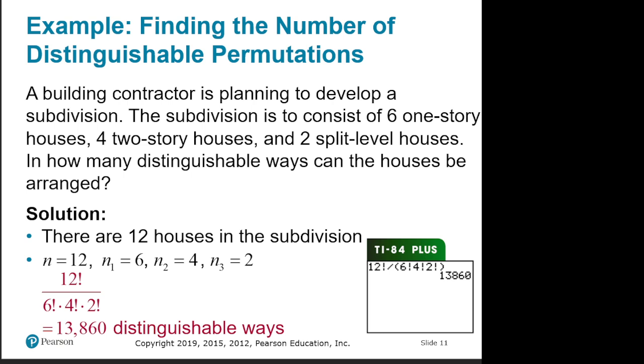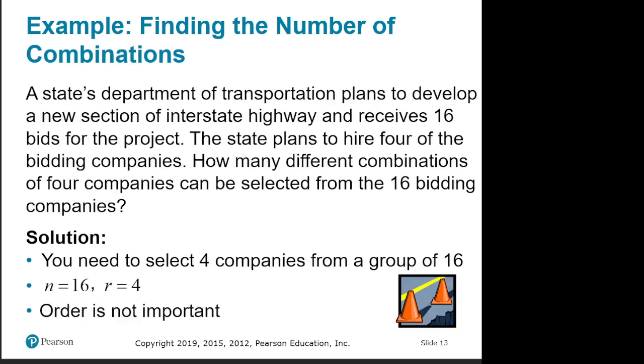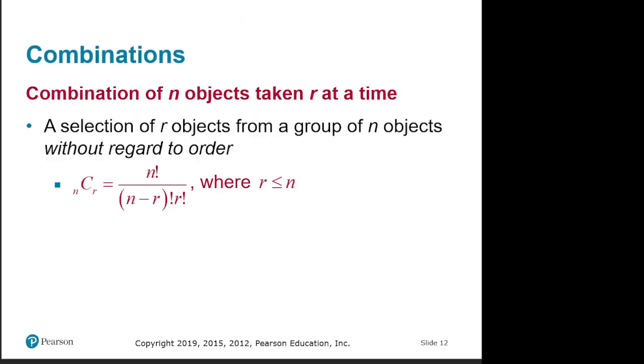There's one other example to do here, and that's combinations. Combinations with the NCR command. So the number of objects, and then how many we're picking, but order doesn't matter.